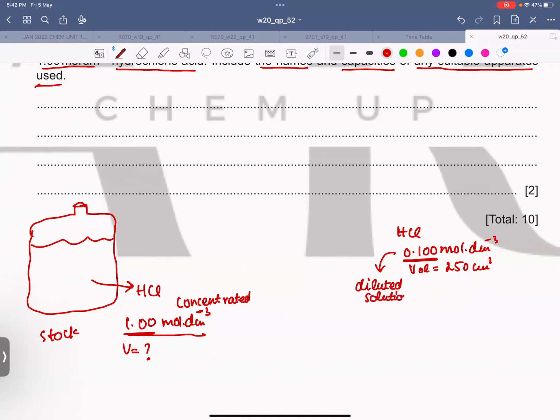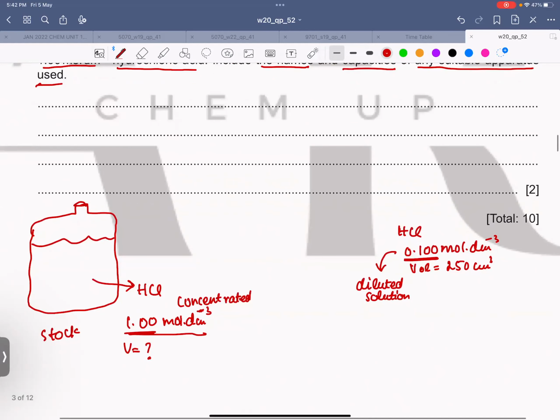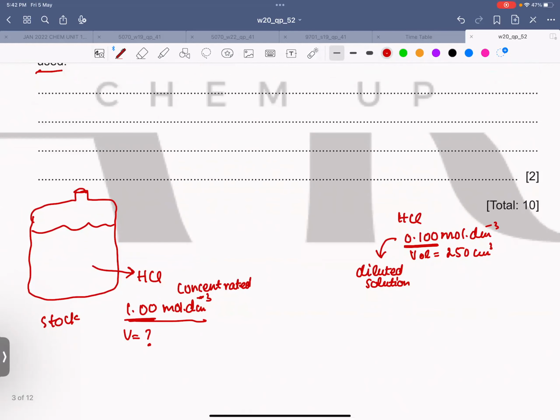So whenever we have to prepare a diluted solution from a concentrated solution, you need to figure out the volume of the concentrated solution that is needed to prepare the diluted solution, because we know the concentration of the concentrated solution. Now I have to figure out how much volume of concentrated solution is needed, and in that volume I have to mix it with distilled water to form the diluted solution.